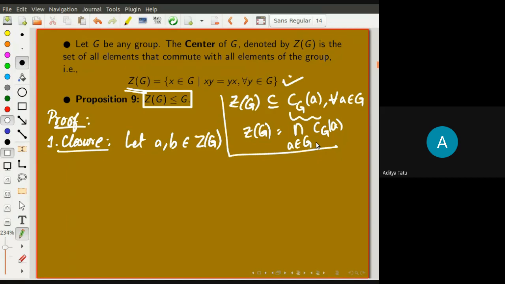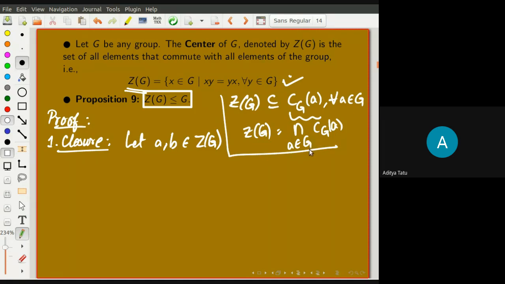So, the result we showed is that given two subgroups H1 and H2, H1 intersection H2 is a subgroup. Here, unfortunately, you may have infinitely many intersections, right? Okay, so we have to be careful there. As long as the group is finite, then the result straight away holds, right?